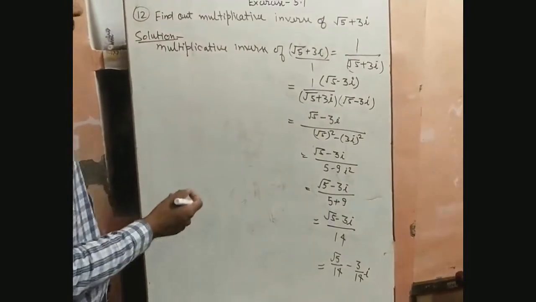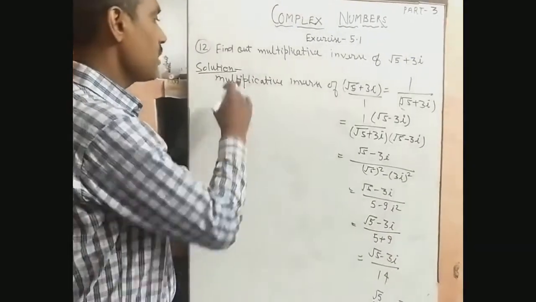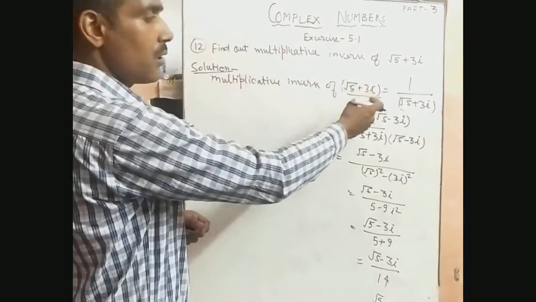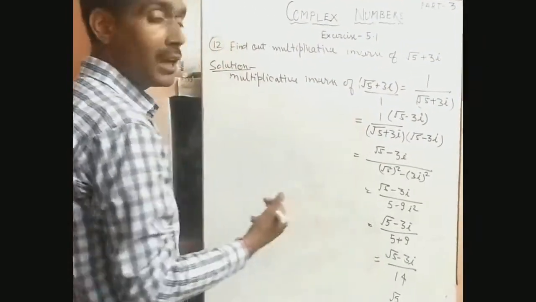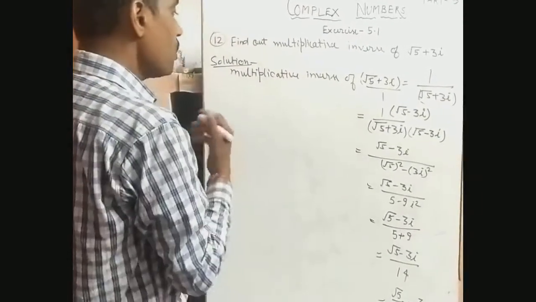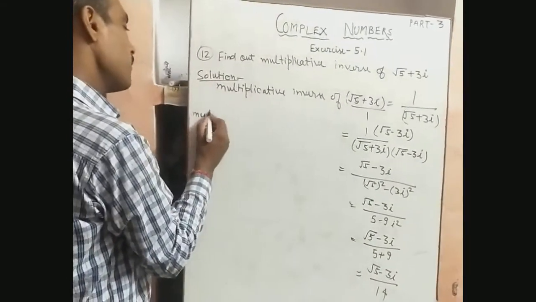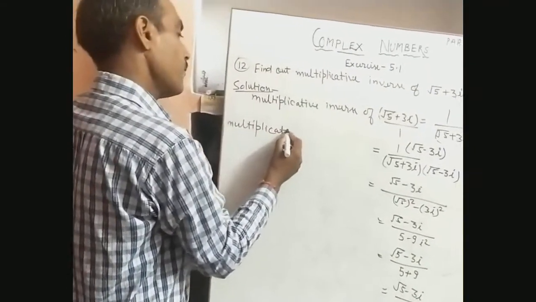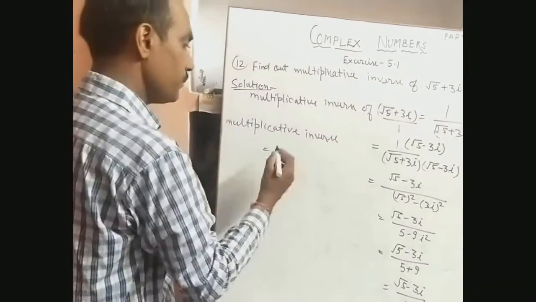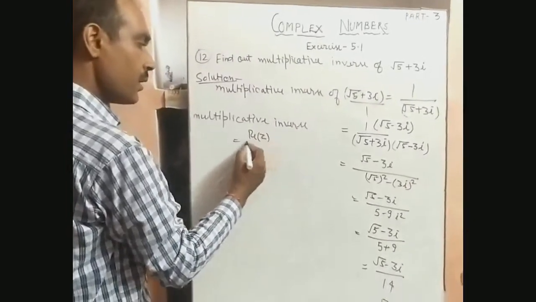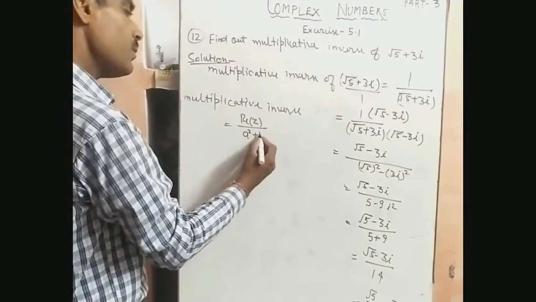And if the question is to find the multiplicative inverse for 1 mark, then we can do it by the direct formula. What is the direct formula? The multiplicative inverse is equal to real part upon mod z square, or you can write a square plus b square.